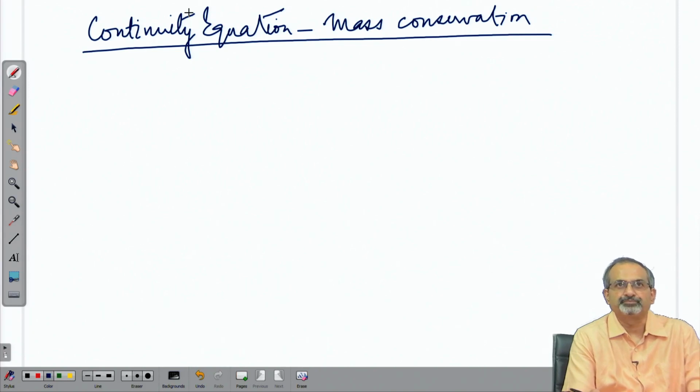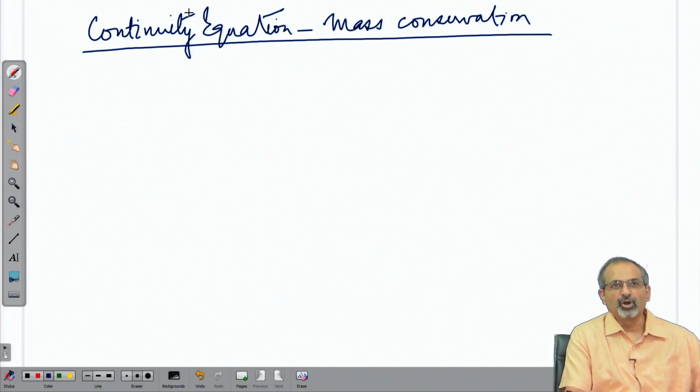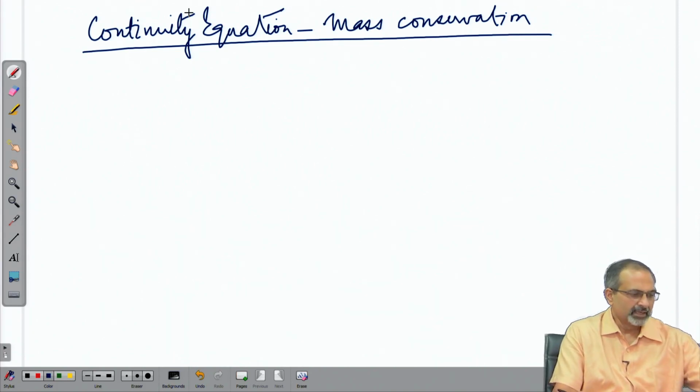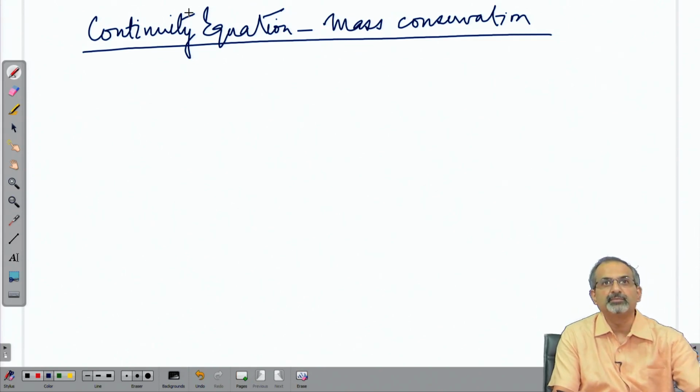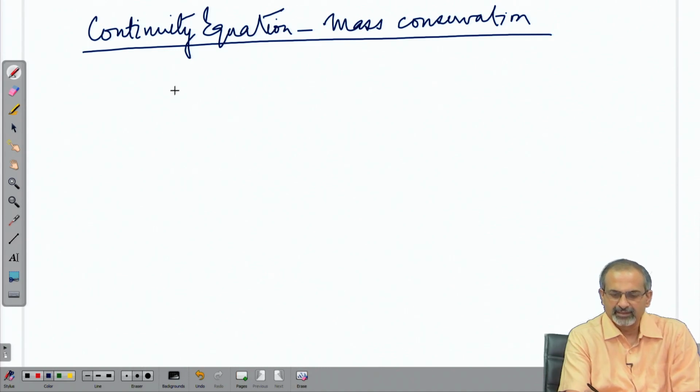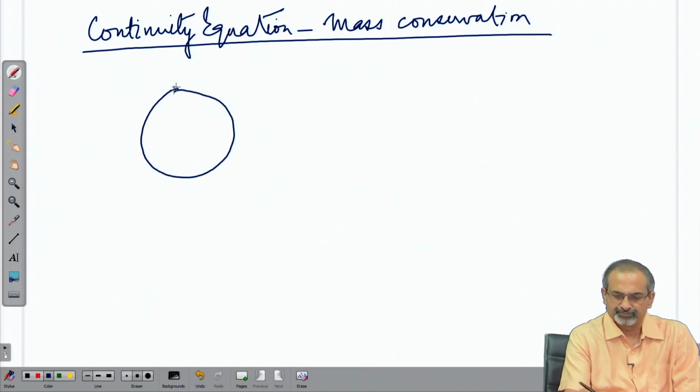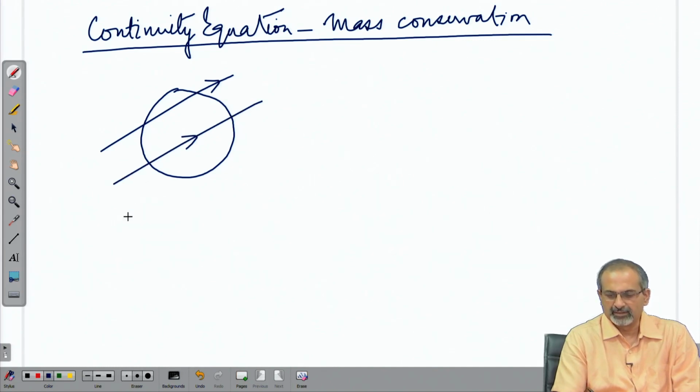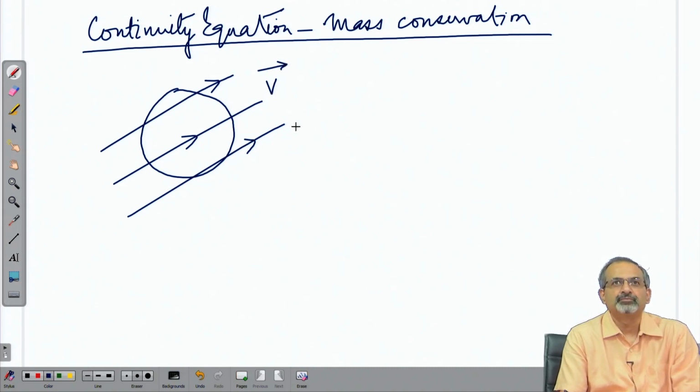Continuity equation. So, you may recall that we started by defining a control volume, a fixed control volume in space of finite extent. And we decided to put that control volume into a flow field. So, these are essentially streamlines of the flow.